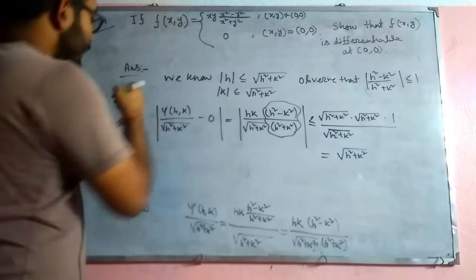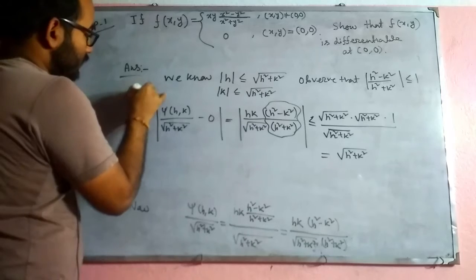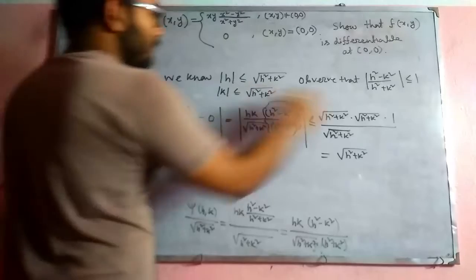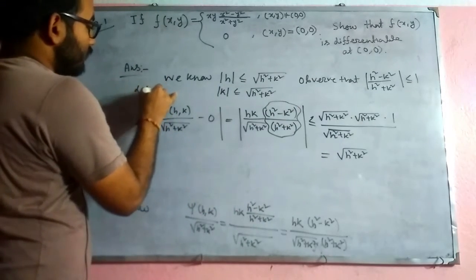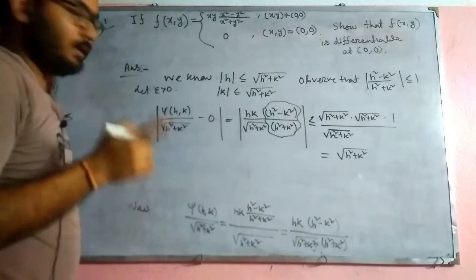Okay, so here we have to assume an epsilon. Let epsilon be greater than 0. Then we have to find delta.